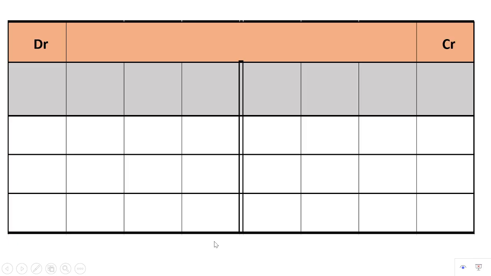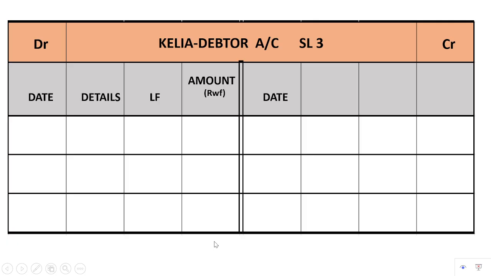Another account is for a debtor called Kelia. Details, amount, ledger folio. We have to debit, we are increasing a debtor asset. So the 10,000 francs is also owed by Kelia to the business on sales made on 17th January 2016.